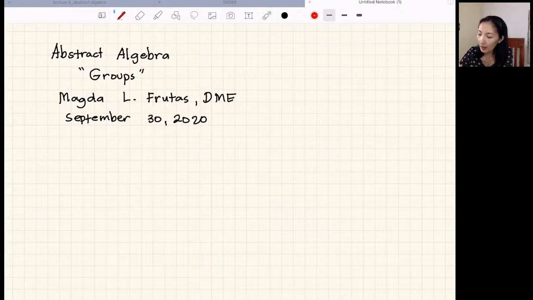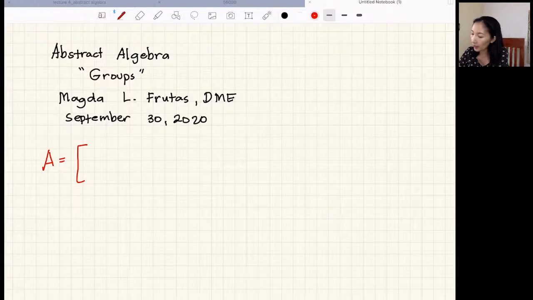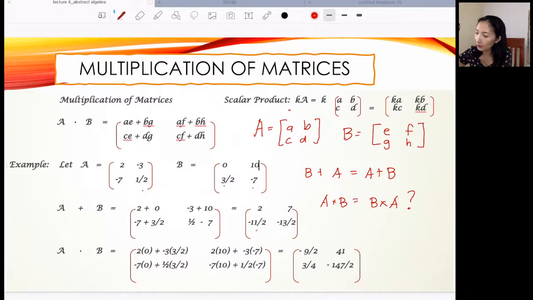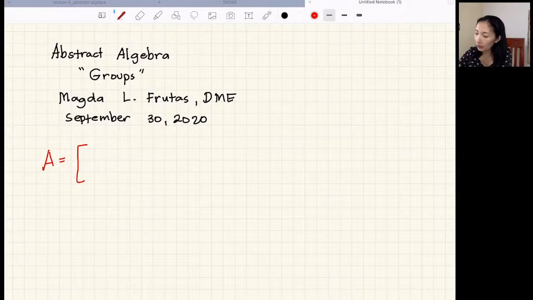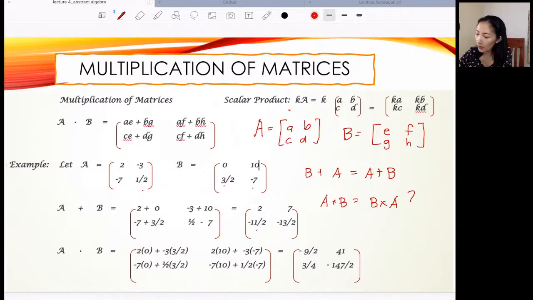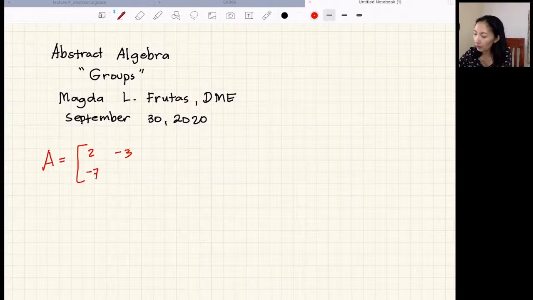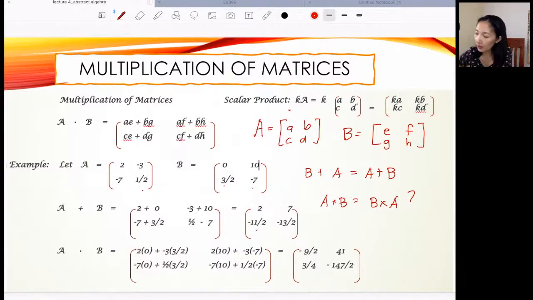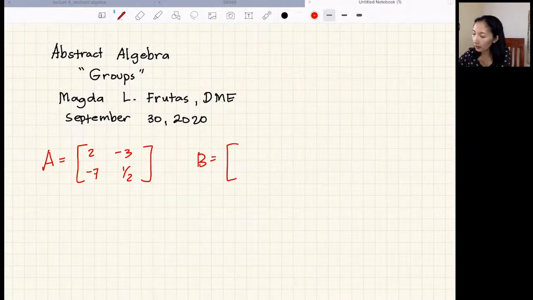Let's copy our A from the previous: the matrix with rows 2, negative 3 and negative 7, 1 half. And B is the matrix with rows 0, 10 and 3 halves, negative 7.